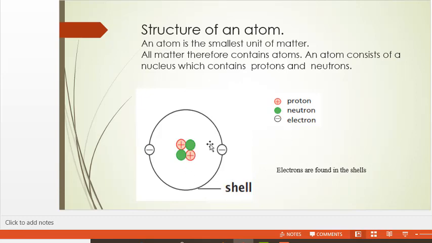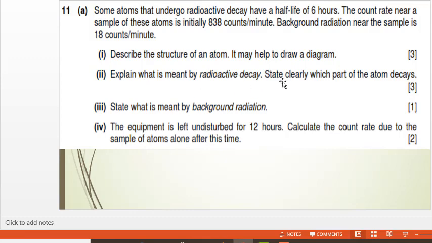The hint is saying you do well to draw and then give your explanation to say the structure of an atom is such that it comprises the nucleus, which is the center, and the nucleus contains protons, which are positively charged particles, and neutrons, which are uncharged particles. And then surrounding the nucleus, there are electron shells, and they contain electrons. Electrons are negatively charged. That is what is going to help you to score the 3 marks.